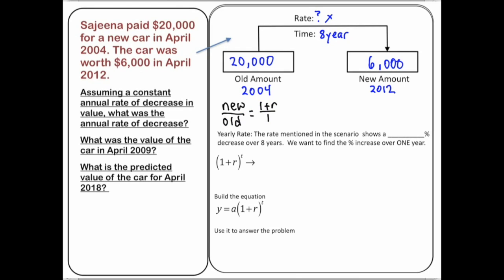Okay, so we're going to start with our trusty formula here, and we want to find how much it decreased over the 8 years. We got new over old equals 1 plus r over 1, so we want to know what the rate is going to be over those 8 years. Okay, so let's fill it in.